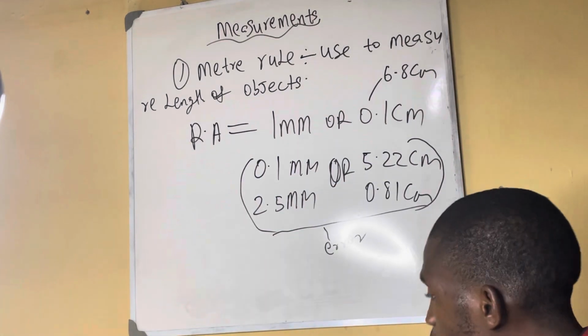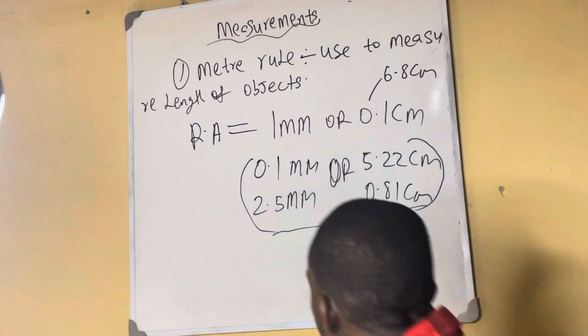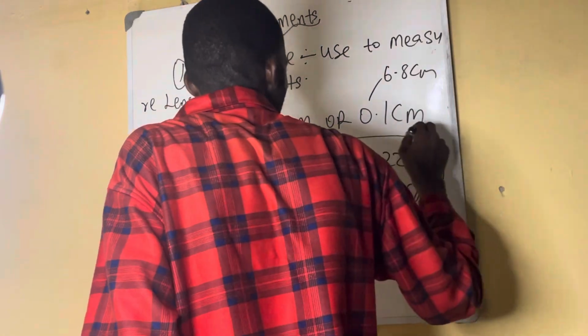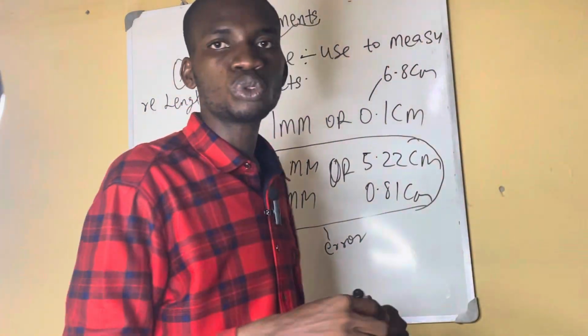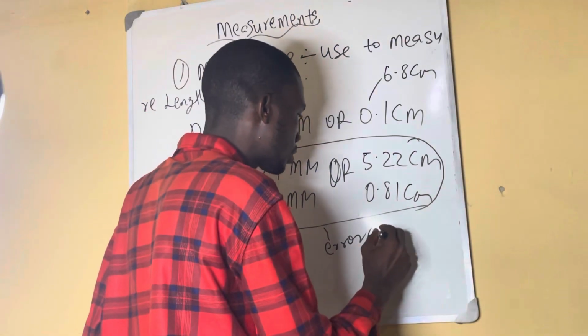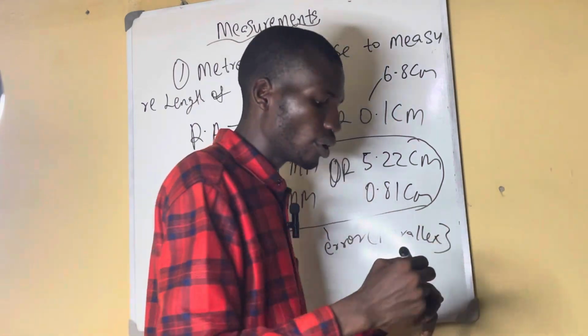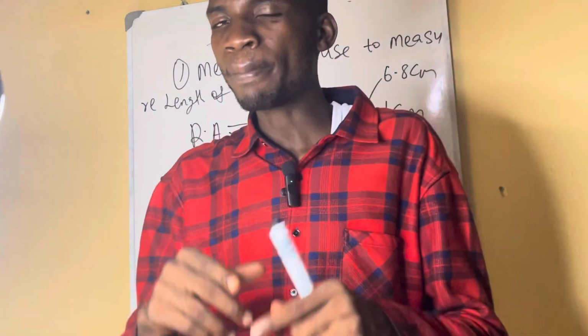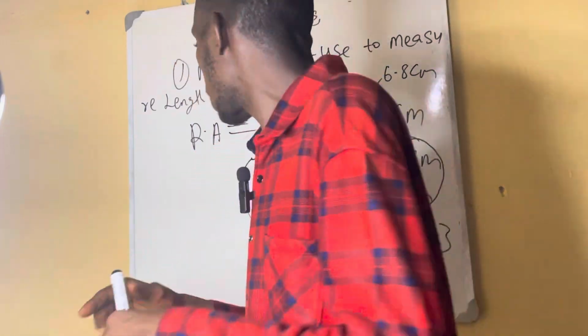So there's an error that occurs in the meter rule. This error can occur, but you can avoid it. Then we ask you this question: the error is called error due to parallax. They are called what? Parallax error. You can avoid this error by looking vertically downward.